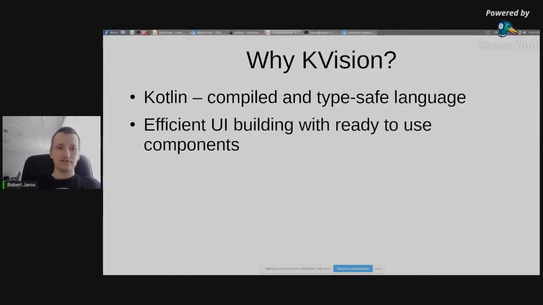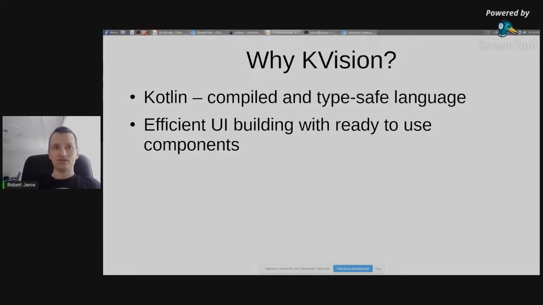Another reason is efficiency. KVision gives you a rich set of components, of tools. KVision doesn't reinvent the wheel. It integrates a lot of different popular components and technologies from the JavaScript ecosystem.